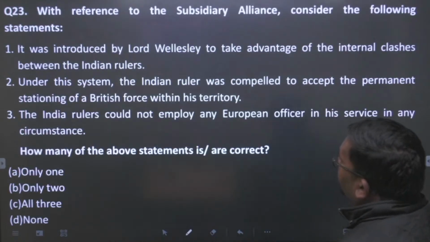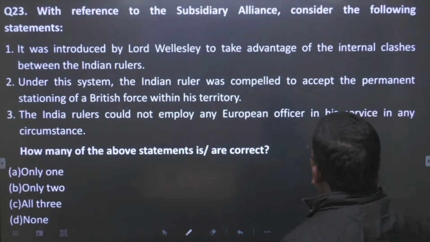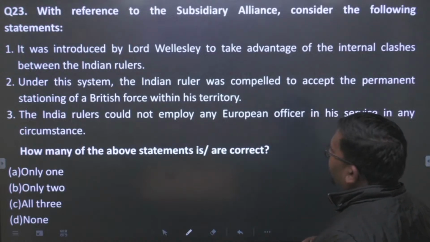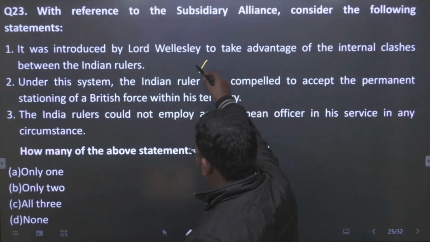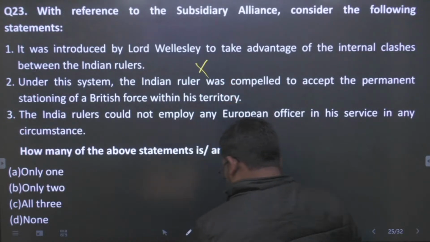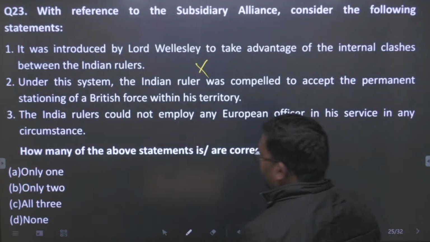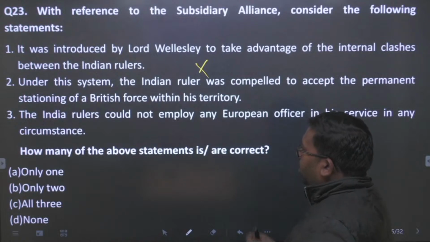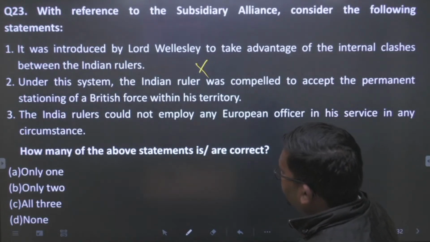With reference to the subsidiary alliance system, consider the following statements. It was introduced by Lord Wellesley to take advantage of the internal clashes between the Indian rulers. False. Under the system, Indian rulers were compelled to accept the permanent stationing of British forces.